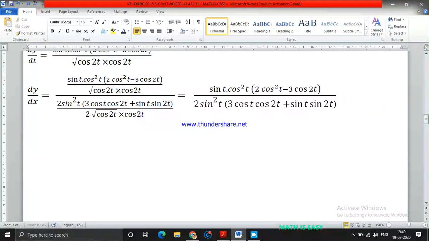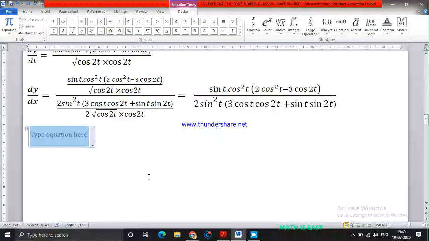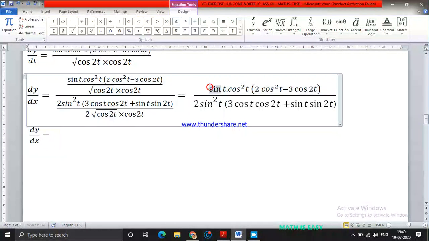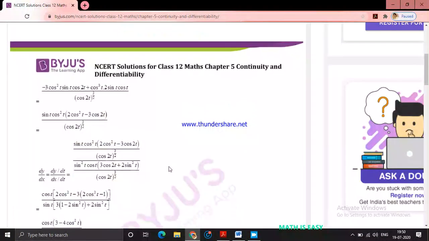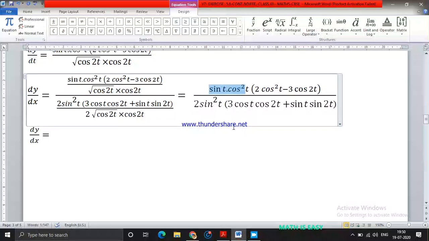Okay. Now see, next step, you have the equation dy upon dx is equal to, now look at these terms, if any cancellations are there. Just give me a second, dx by dt, what you got, sin square cos t.